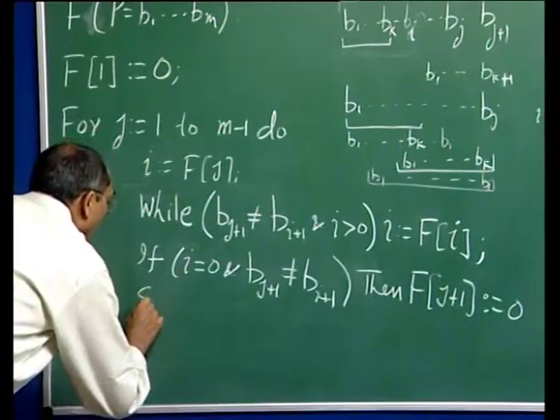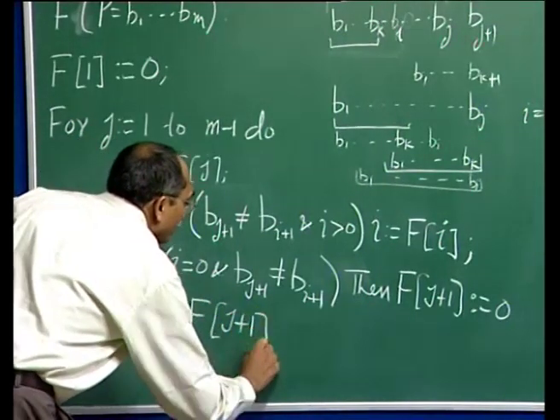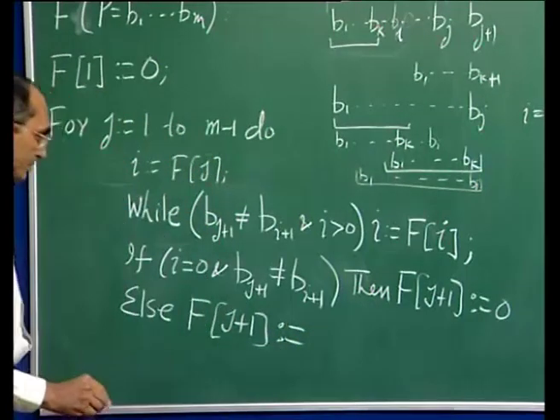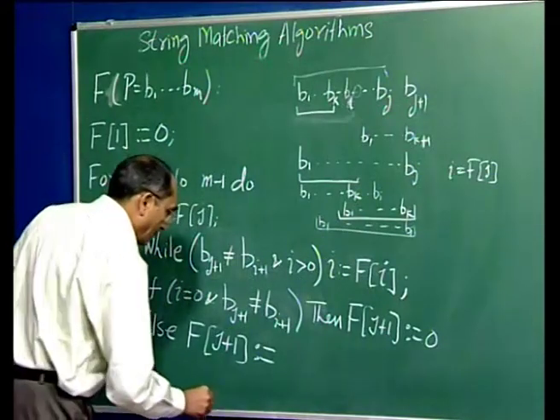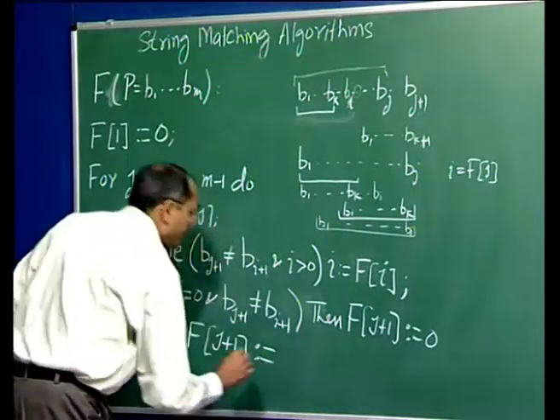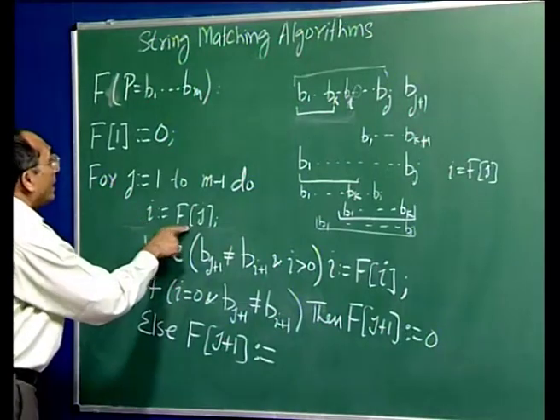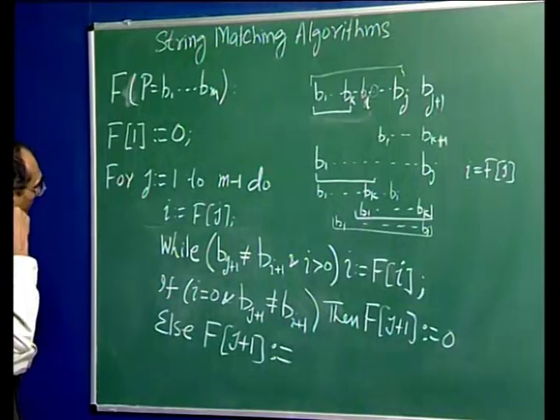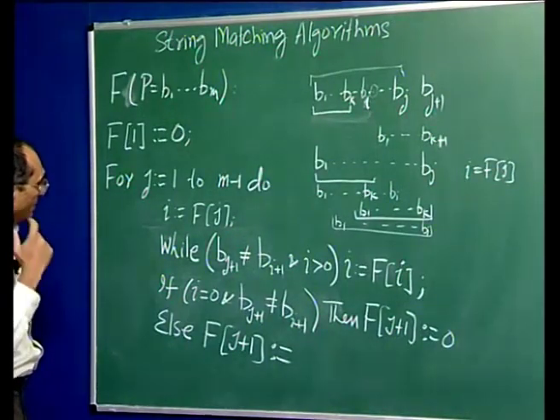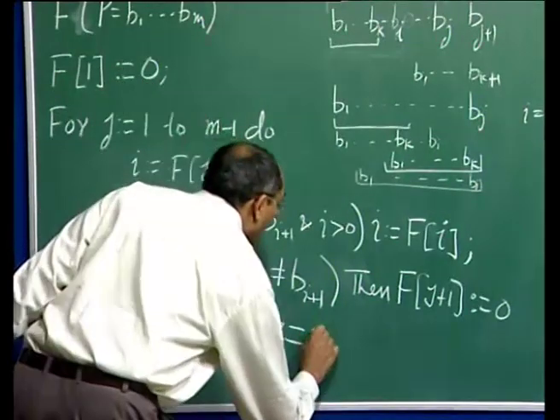Else f of j+1 should be, let us see, if I is f j and we find that, so it will be, this is true, so it will be I+1.